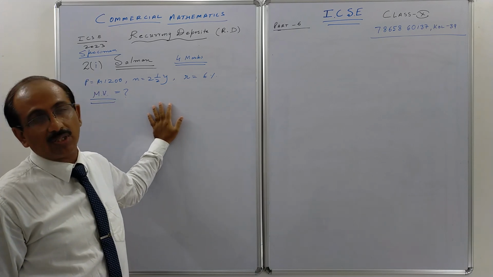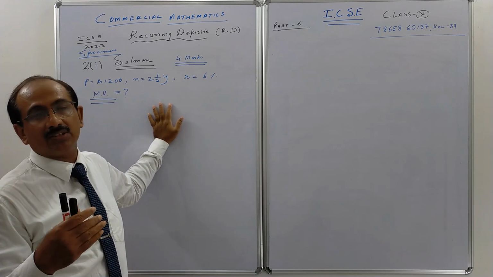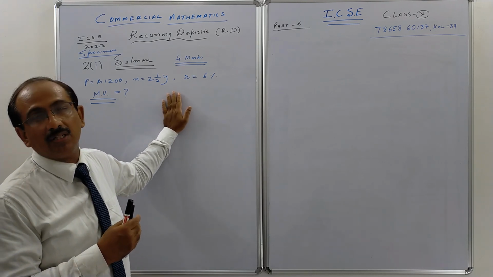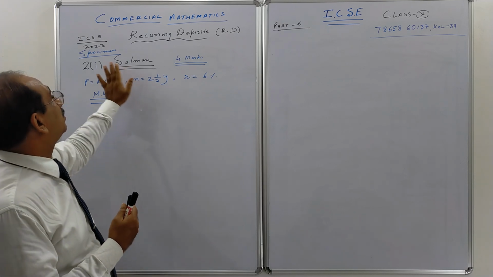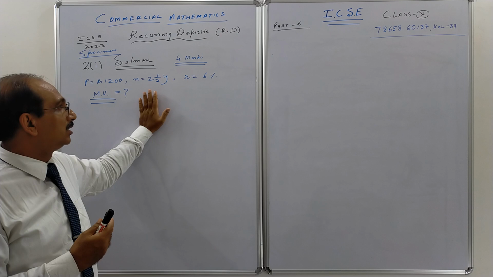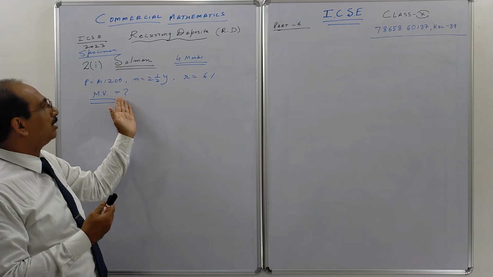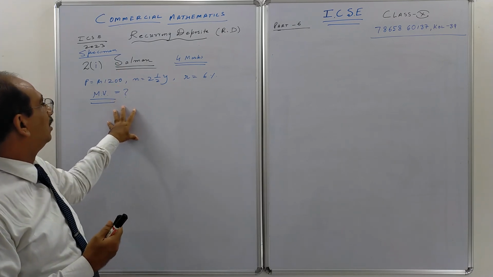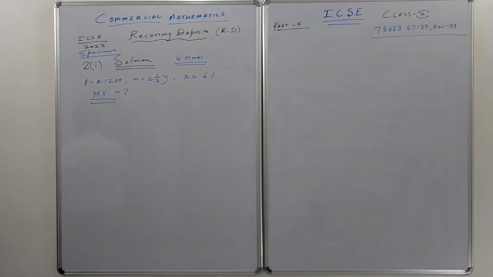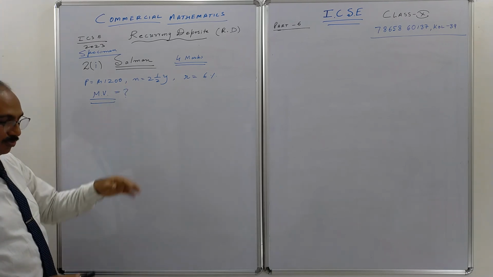For every subject you can see the pattern of questions, the level of difficulty, and the distribution of marks, all made very clear when the council gives this model called a specimen paper. Why am I solving this? Because this is the latest. The same name also came, but in the previous question we found the rate, while here we have to find the maturity value. This is also a 4-mark question.